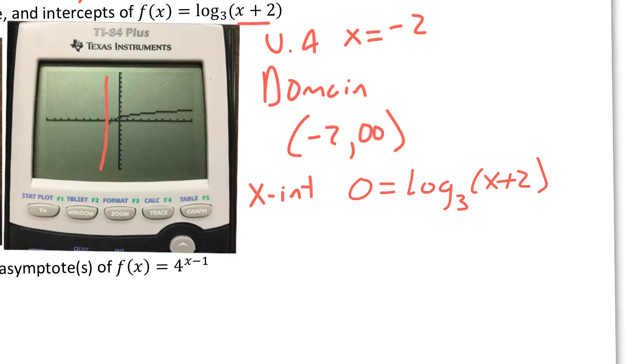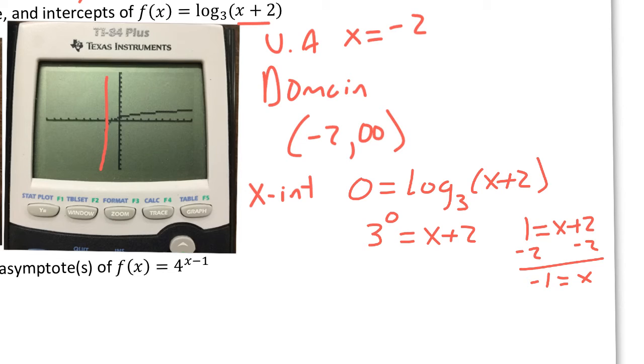So 3 to the 0 equals x plus 2. 3 to the 0 is 1. 1 equals x plus 2. Subtract 2, and we should find the x-intercept at -1.